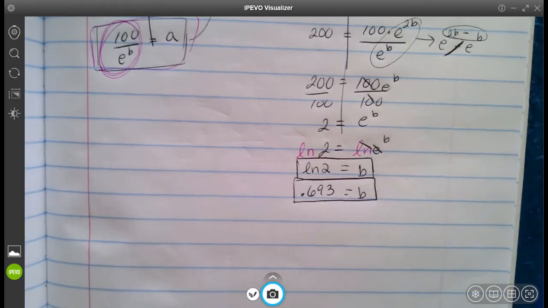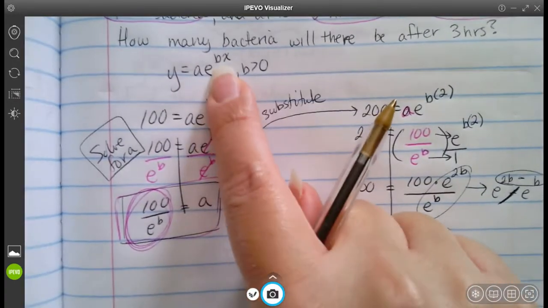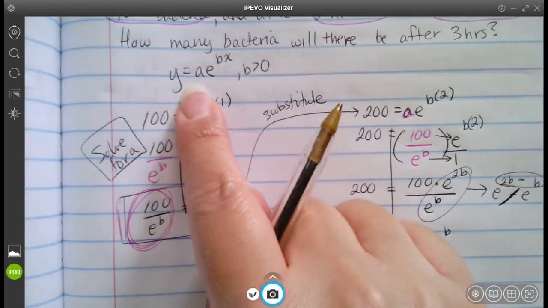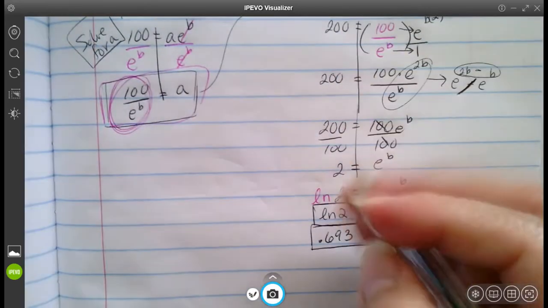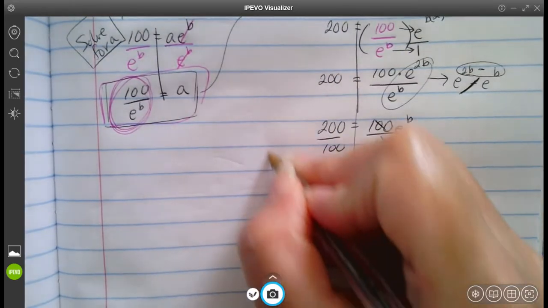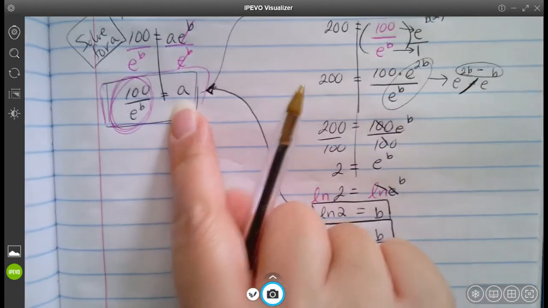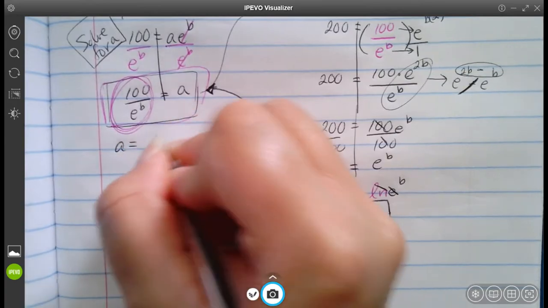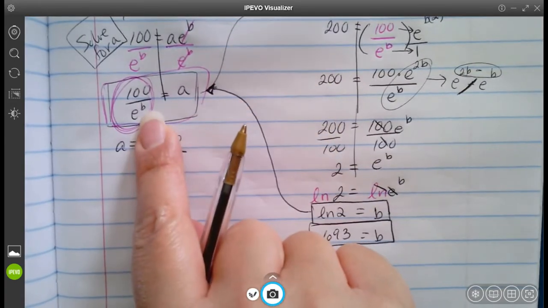So we're not done. We've calculated b. In other words, in our model up here that we had at the very beginning, b is equal to ln of 2. I still have to figure out what a is. So I'm going to take what I found, use the ln one because I think it'll help me out better, and plug it into what I found for a. So a equals 100 over e to the power of b.